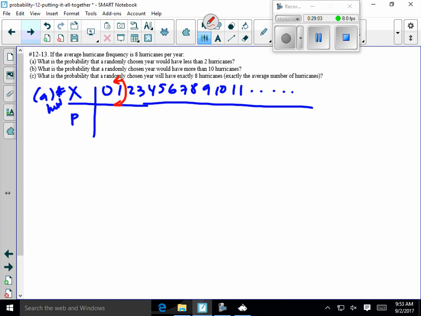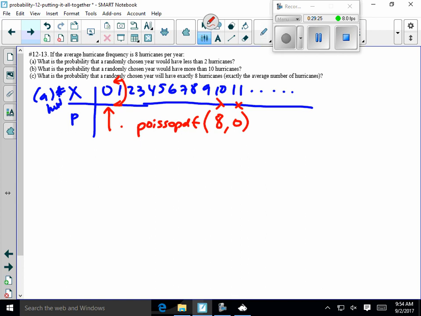Now I could do that 2 ways. I could find that probability by doing Poisson PDF, right? And for the Poisson function, you have to give it the lambda value and then the particular x value that you're interested in. So if the average was 8 hurricanes, if I wanted to find the probability of having 0, I could put a 0 there.